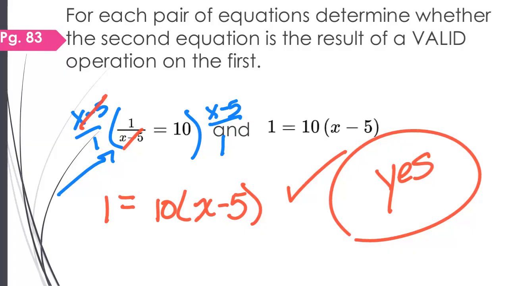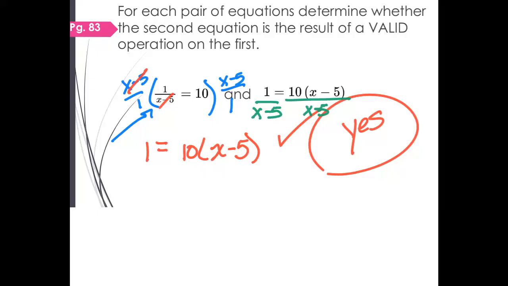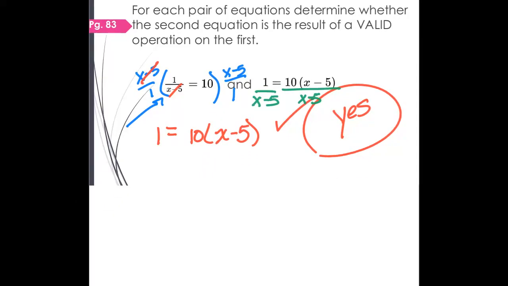She said, would dividing the second one by x minus 5 be the same? And it would. The only difference here is it says going from the first to the second. But absolutely. Like if you saw this on a test, yes. Okay? And that would give you the same, which is what we had in the first equation.